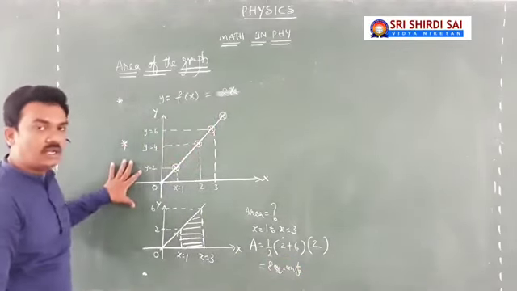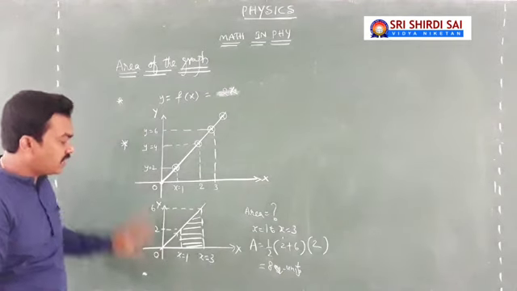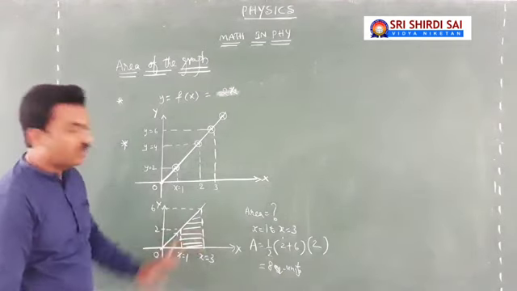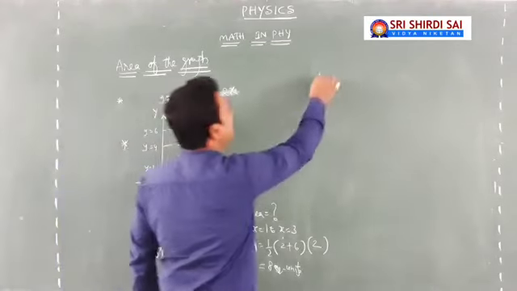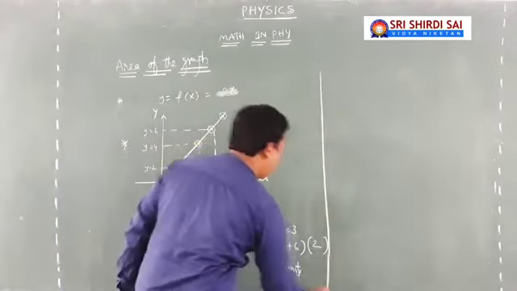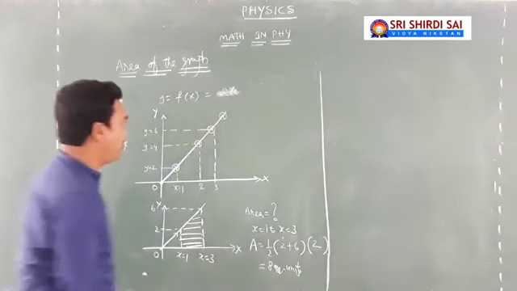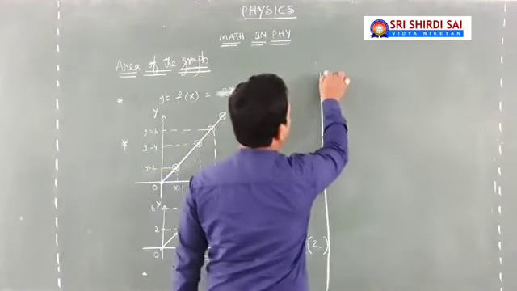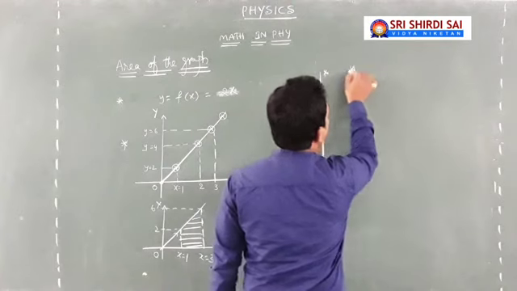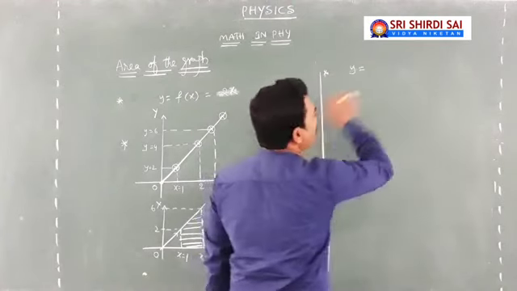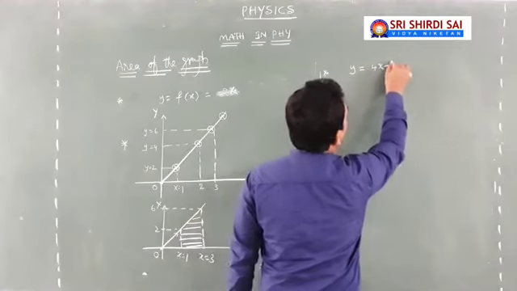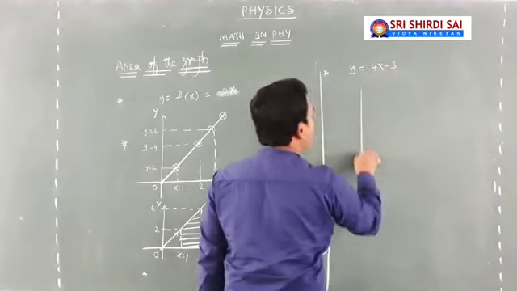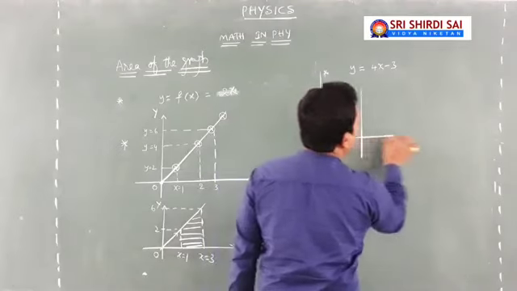So this is how you can calculate the area covered by the graph from x equal to 1 to x equal to 3. This is one example. Let me give another example to understand the area covered by the graph. Here the equation is y equal to 4x minus 3.